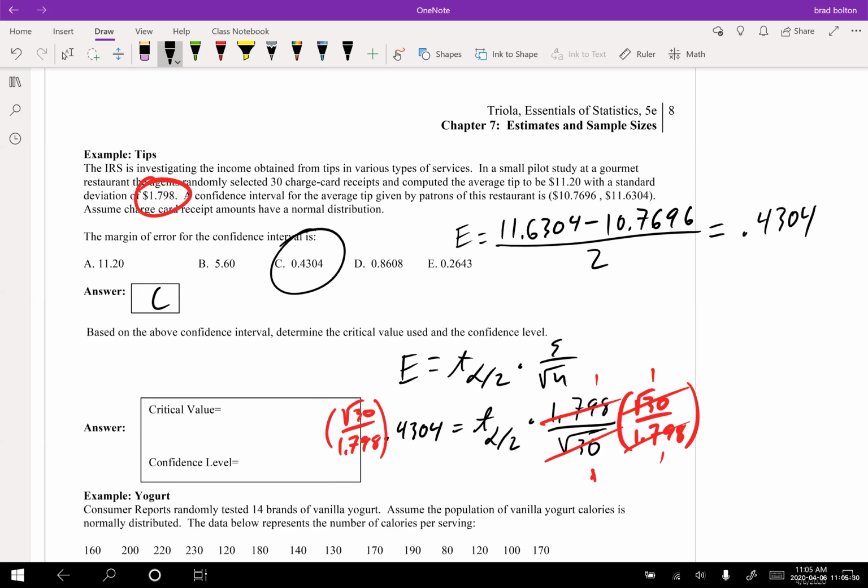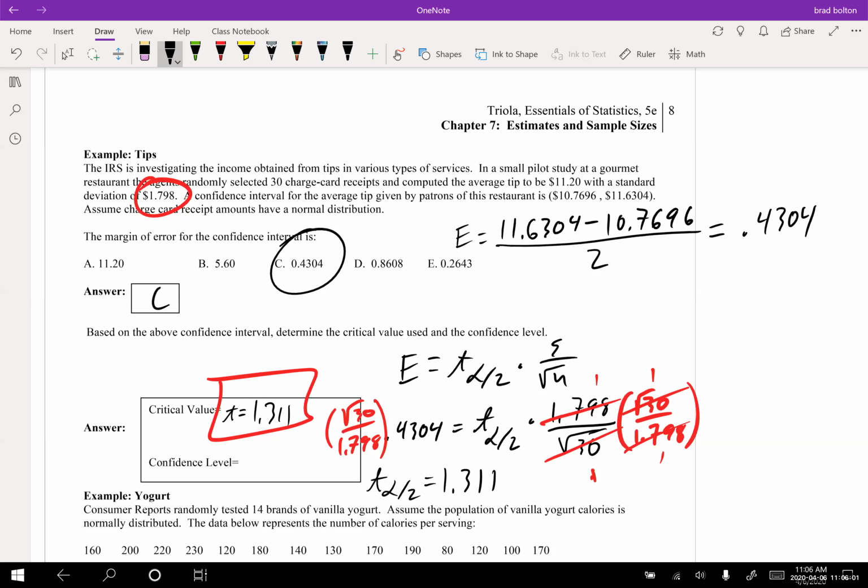So I'm going to do second function square root of 30, enter, divided by 1.798, enter. Then I'm going to multiply that by 0.4304, enter, and I get T alpha over 2 has to be 1.311, let's say, 311, yeah. Okay, so my critical value is T equals 1.311.